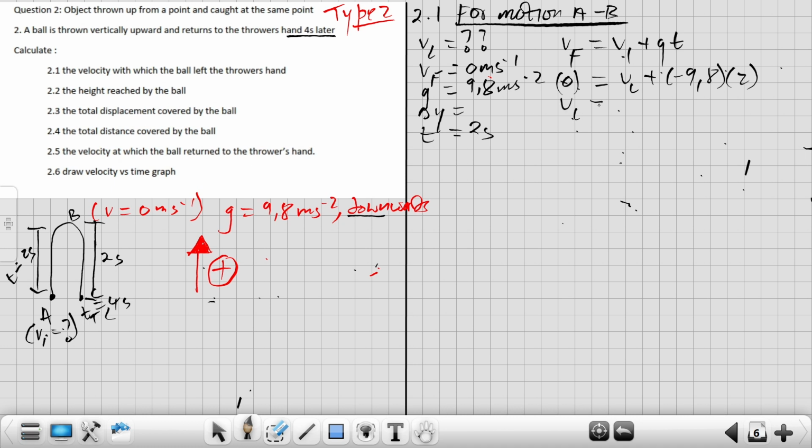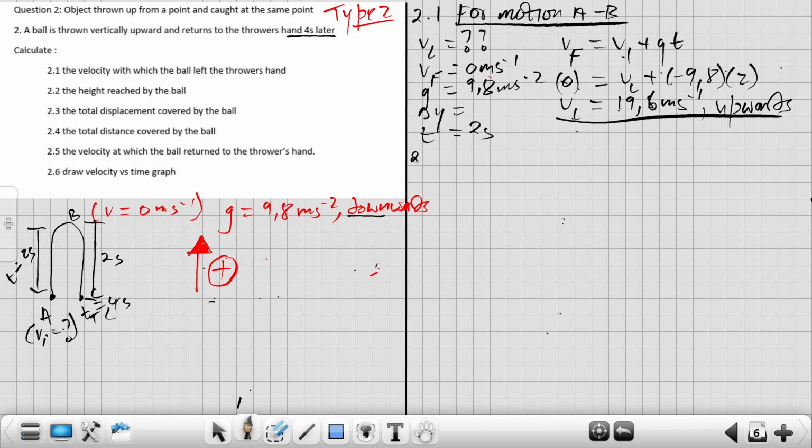Then we calculate our V initial as 19.6 meters per second. It's a velocity, so we need to emphasize that it was moving upwards. The fact that we are able to choose direction and get answers assists us in saying this is the correct answer, because it gives positive in the direction of the motion.